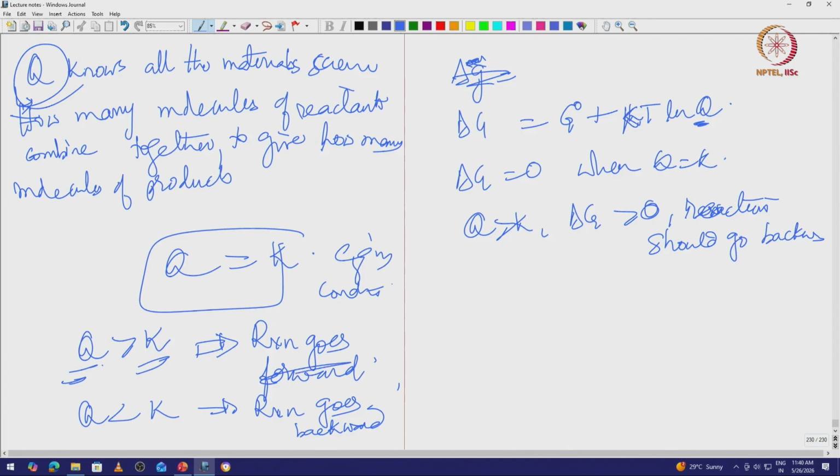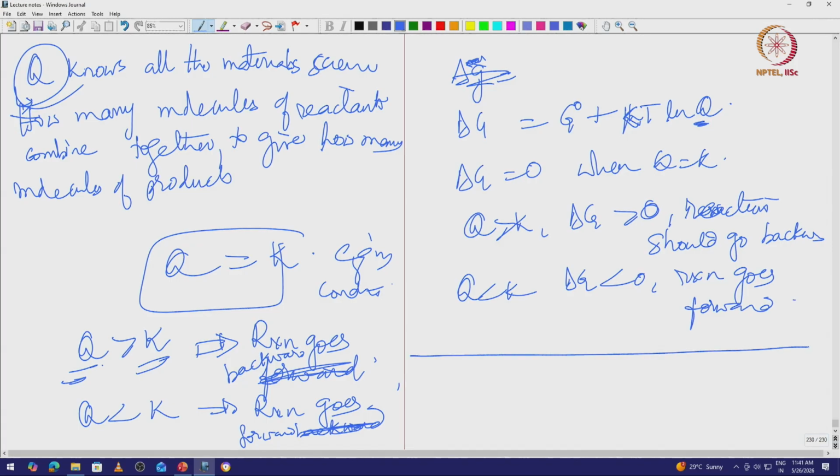Let me correct this: reaction goes backward if Q is greater than K, and reaction goes forward if Q is less than K. And if Q is less than K, then delta G is less than 0, then the reaction goes forward, alright. Okay, so let us stop here for the time being.